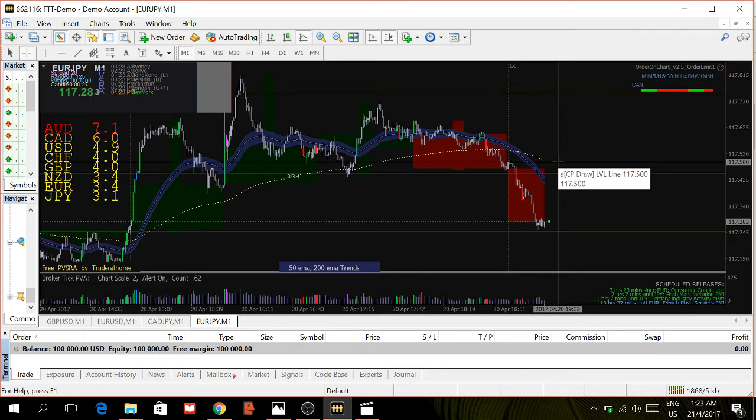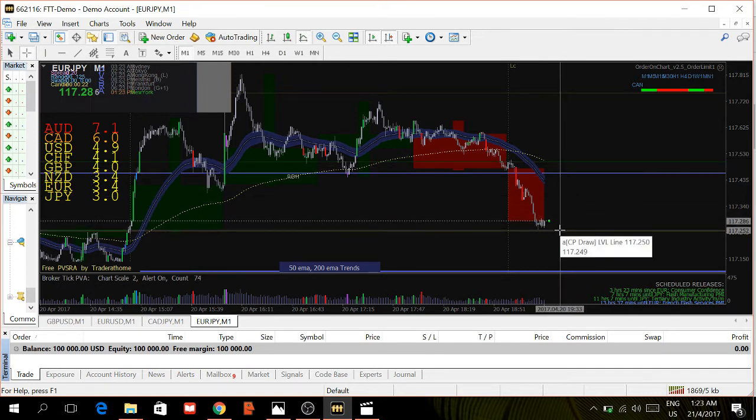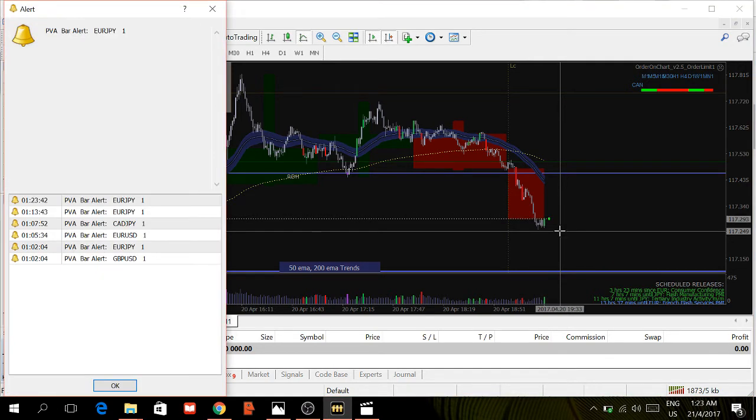We call it the half level. And then this one is 117.250, a quarter.